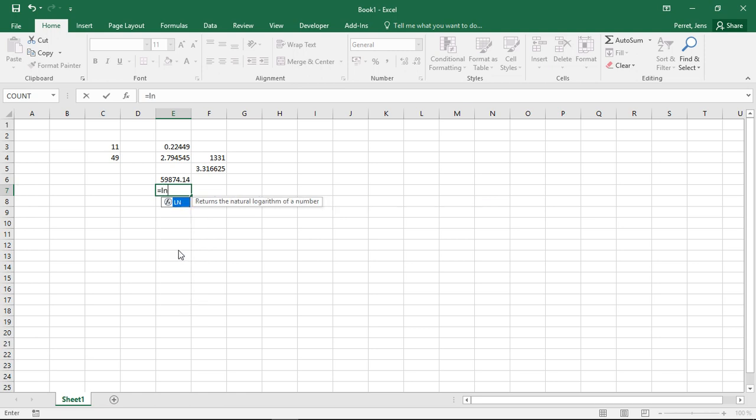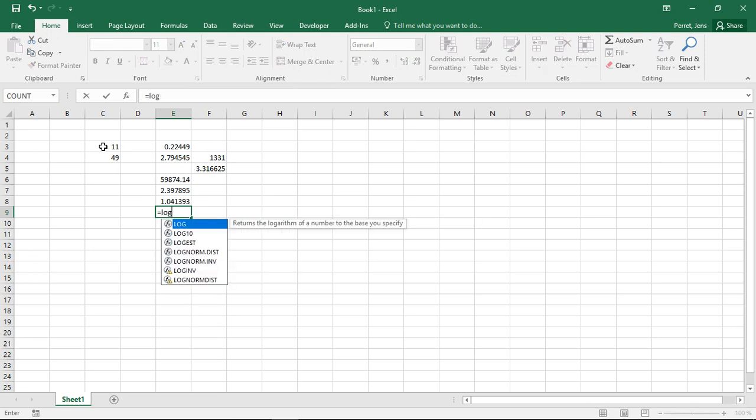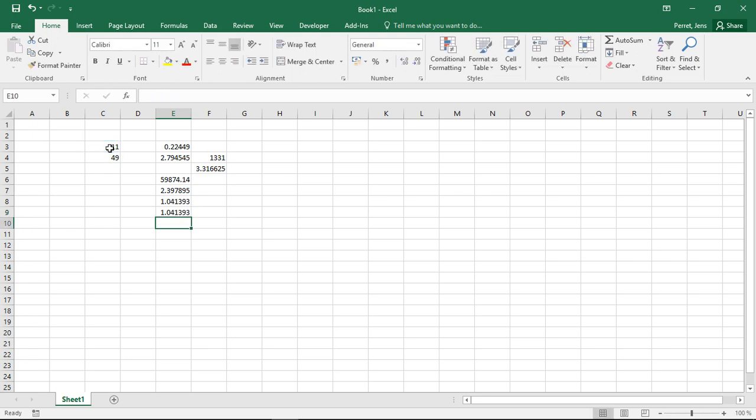So let's start: I take the ln of 11 and then take the logarithm to a base of 10 of 11. Now let's have a look at what the normal log has. If I use this, you see I can only enter the value, in which case it will always be the log to a base of 10.